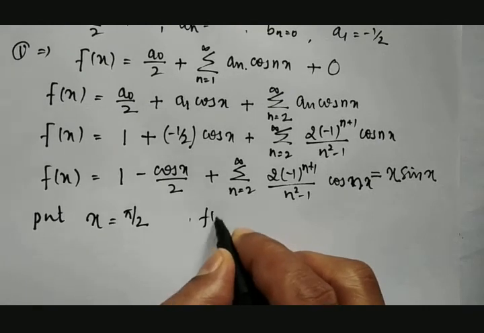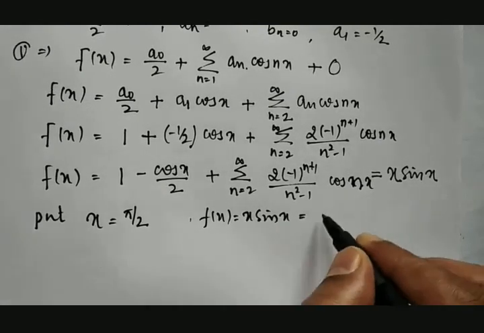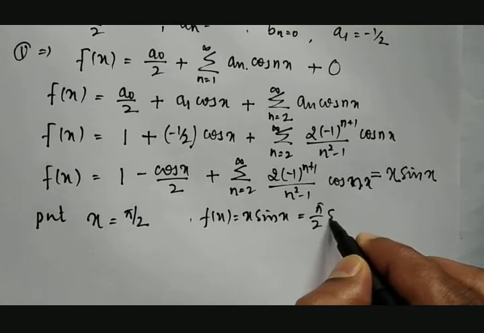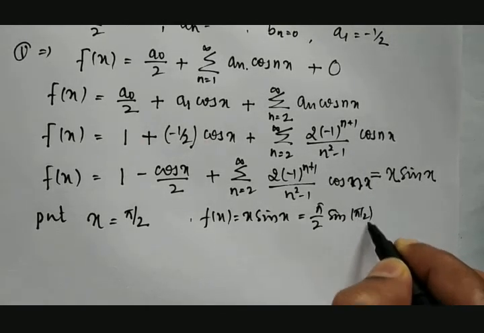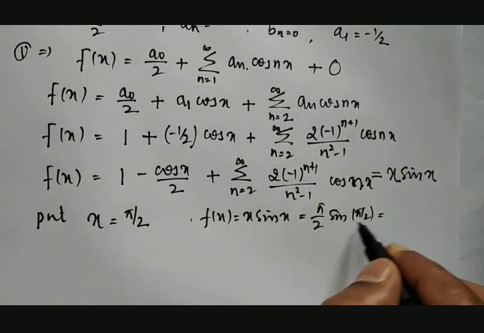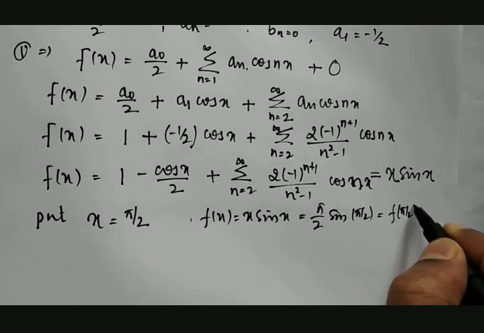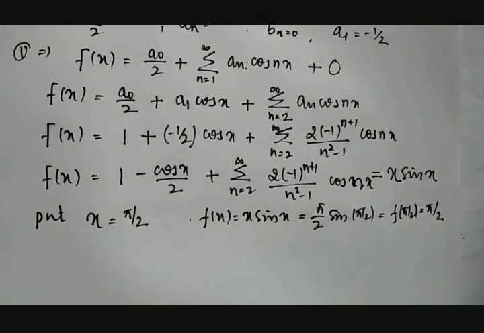Then f of x is equal to x into sin x, which becomes pi by 2 into sin pi by 2. What is sin pi by 2? Sin pi by 2 is equal to 1. So it becomes f of x, that is f of pi by 2, becomes pi by 2.